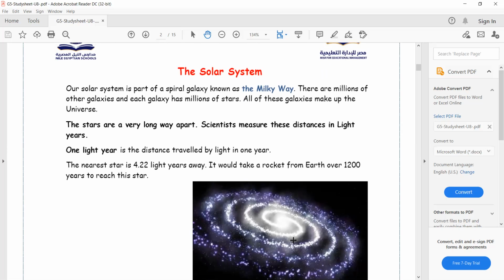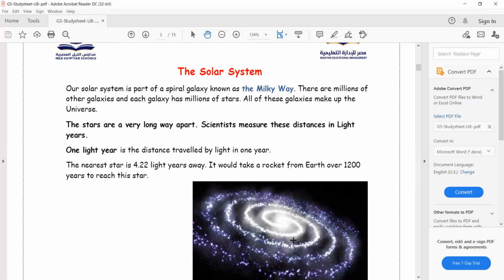One of them is our star, which is the sun. There are millions of other galaxies, and each galaxy has millions of stars like our star, the sun. All of these galaxies make up the universe.